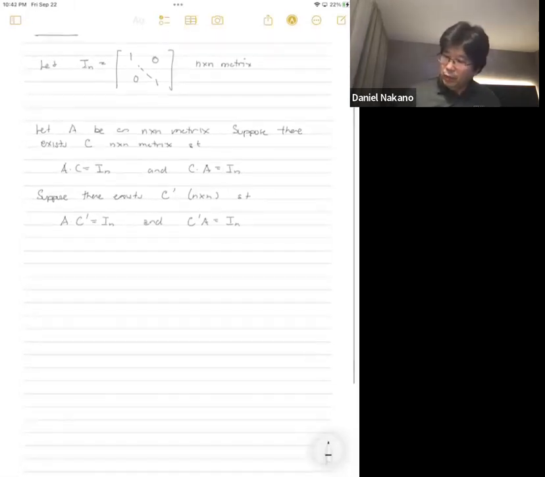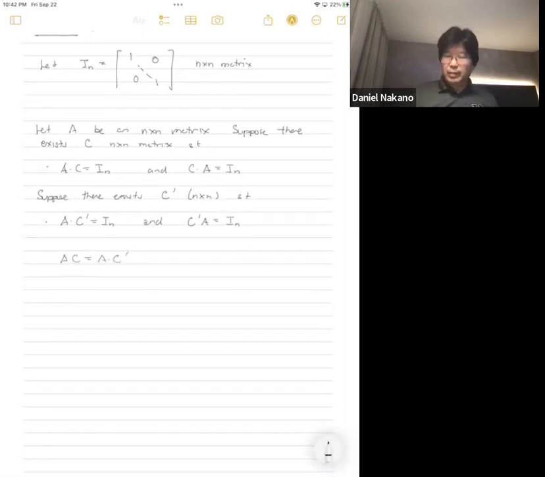Well, the first thing we could do is take this equation and this equation and combine them. So we have that AC is equal to A times C prime, right? And now we can hit by C on both sides. So this implies that C times AC is equal to C times AC prime.